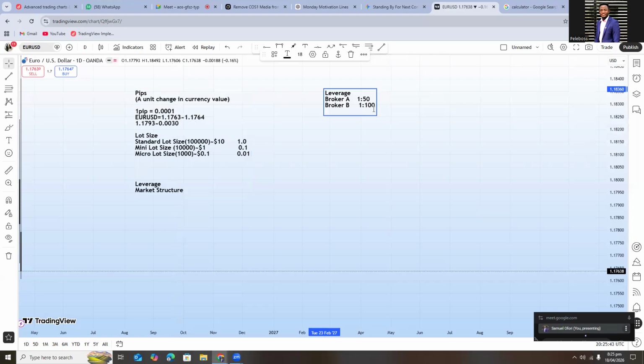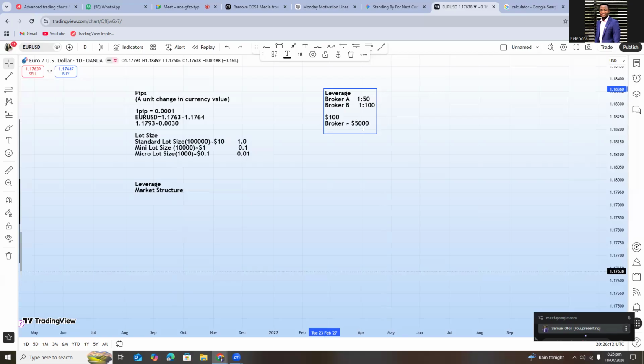So what this means is that if you deposit $100 in your account with broker A, you are basically trading with, you multiply 50 by 100, and that is $5,000.